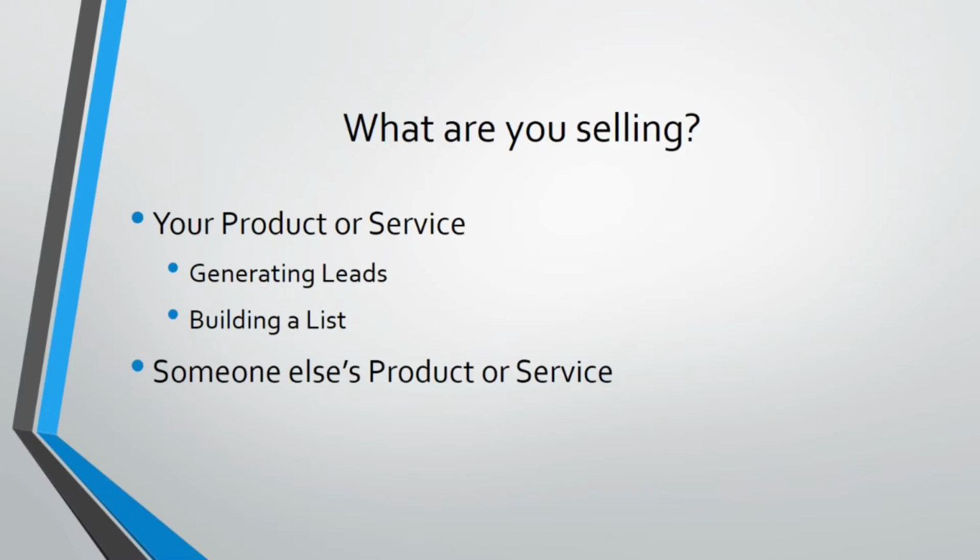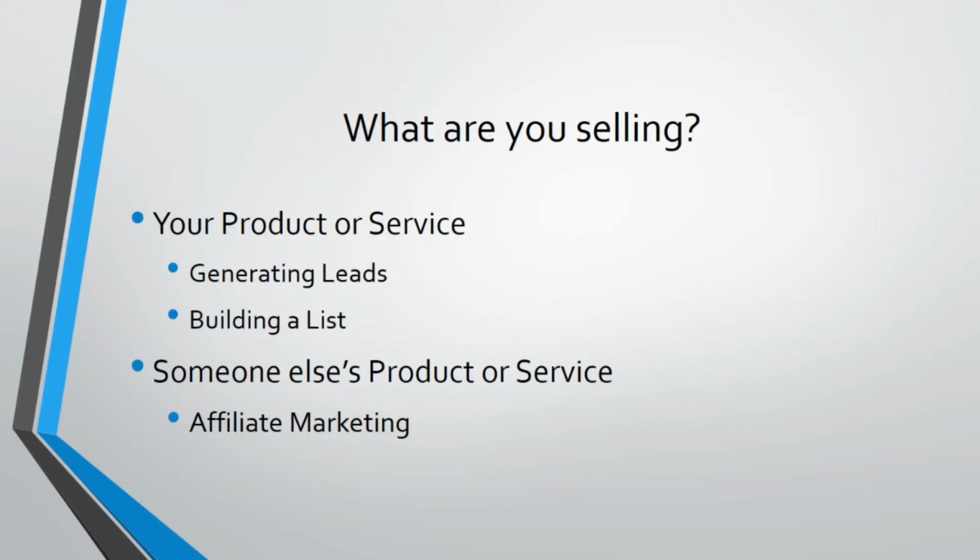Now, the flip side of it is you're selling somebody else's product or service. This can be affiliate marketing. This could be maybe you're promoting their product as in taking a specific cut out of their business. I don't know, but only you know your direction better.